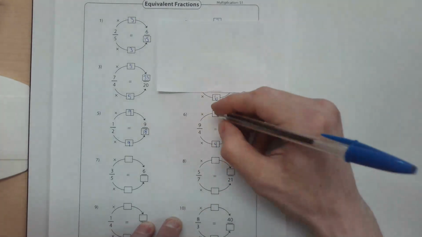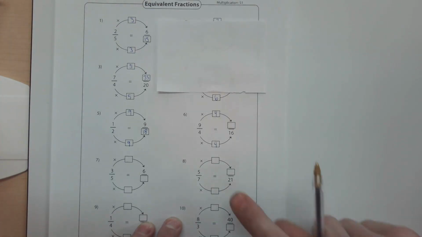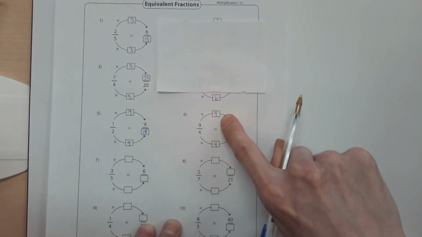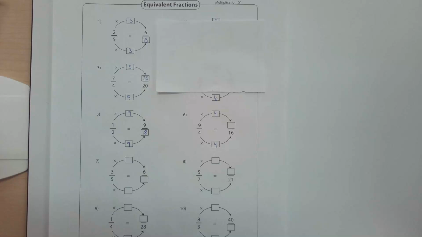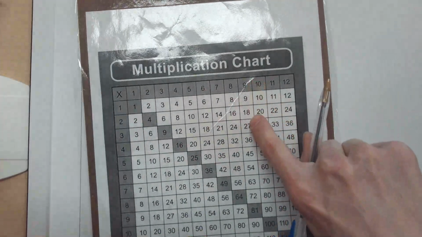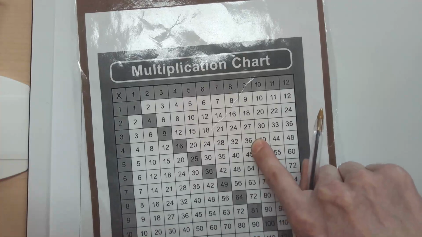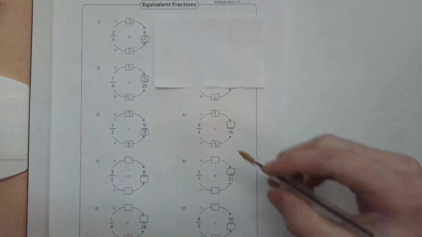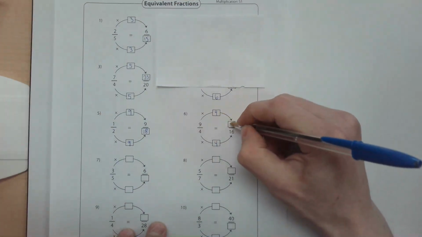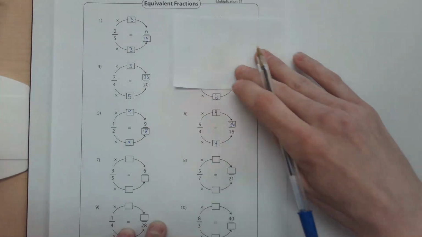Let's bring that 4 up here. Now we have 9 times 4. 9 times 4 is 36. Very good.